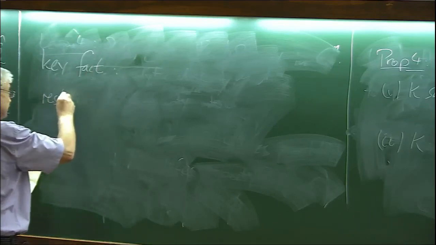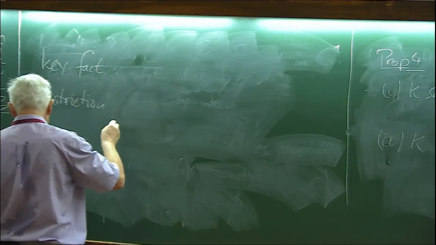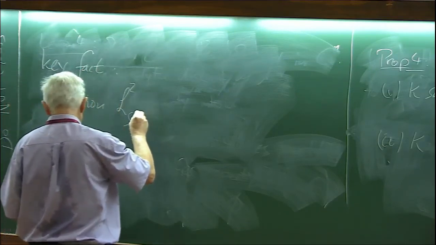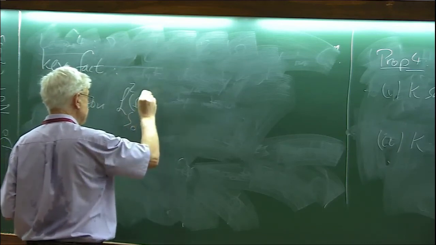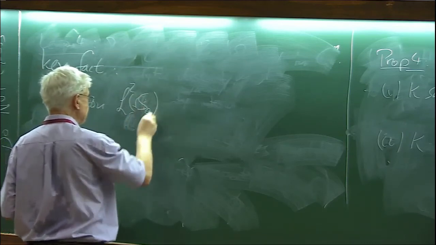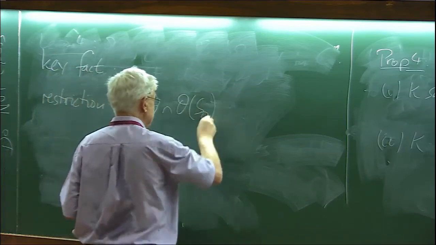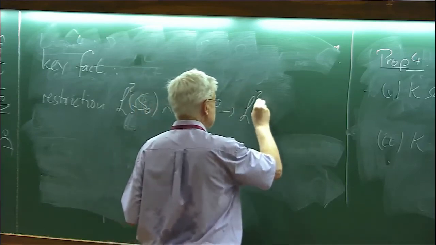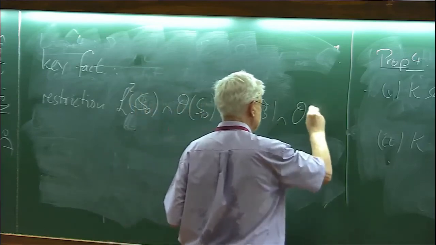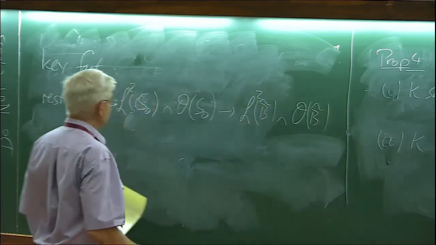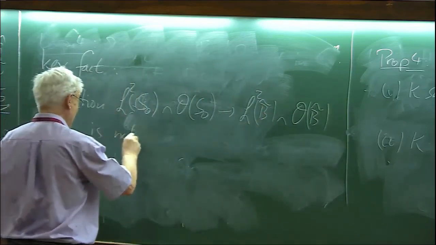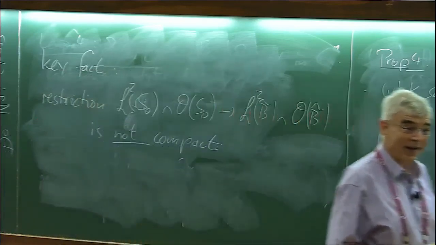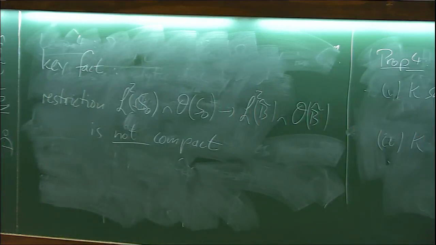Consider the restriction from the Bergman space of S0 to the Bergman space of B tilde. This restriction is not compact. That's going to be the source of non-compactness in the problem.